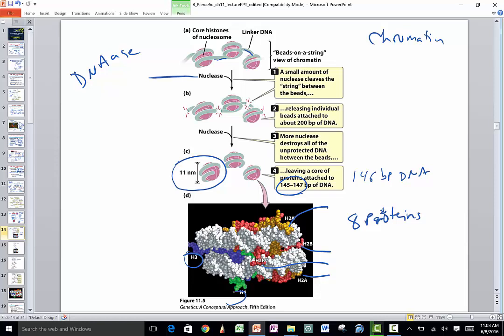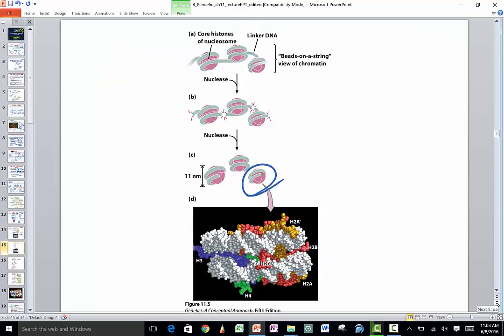So that's just one view of the nucleosome. The white is the DNA, and the different colors are showing where those proteins are. I've seen better views of the nucleosome before. You can look it up and find better ones. But that's the idea.